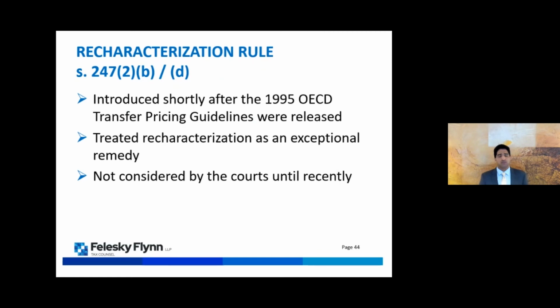So it was very limited in scope. And our recharacterization rule in our Income Tax Act in 247(2)(b) and (d) had not been considered by the courts in Canada until very recently. And many of you have no doubt heard of the Cameco decision, and that was the first case in Canada where the courts considered this recharacterization rule.